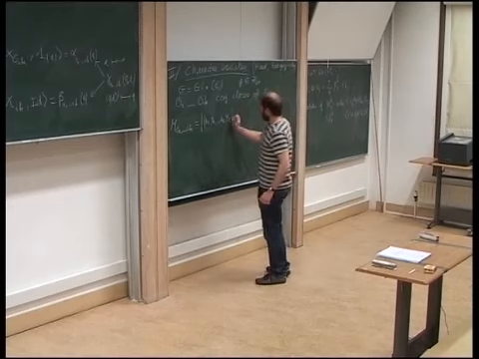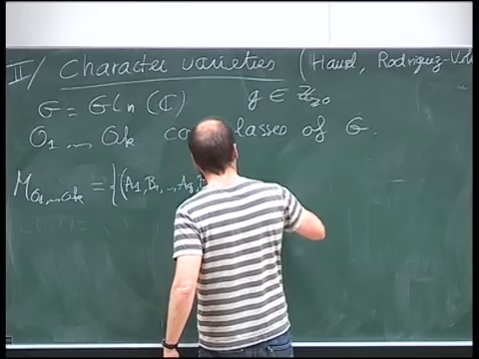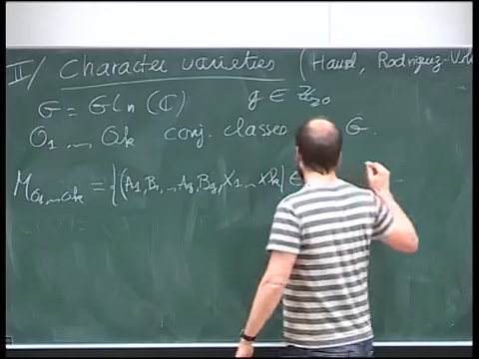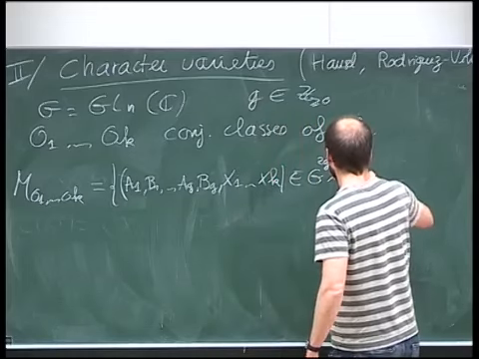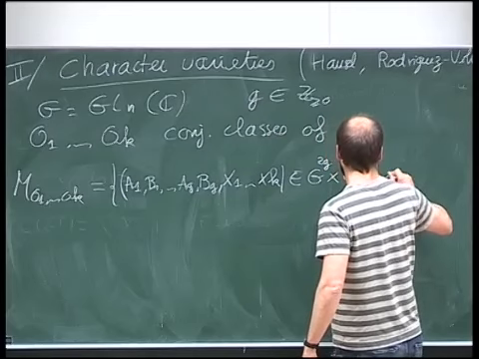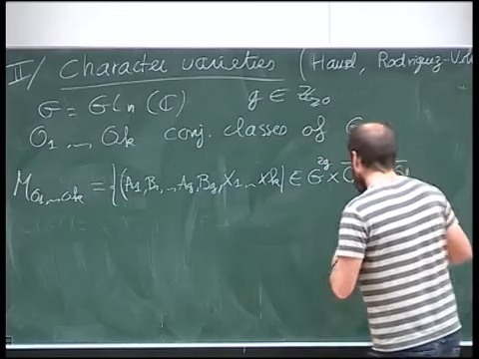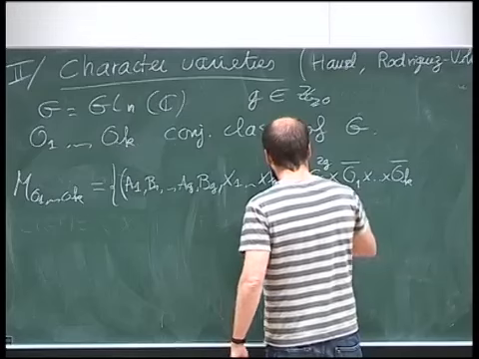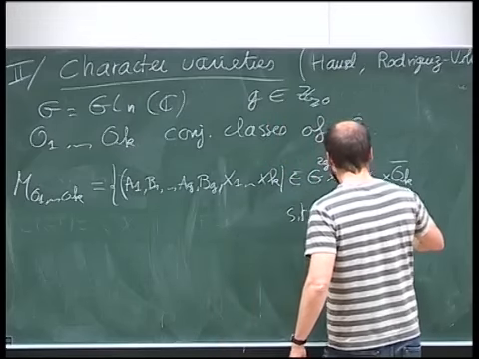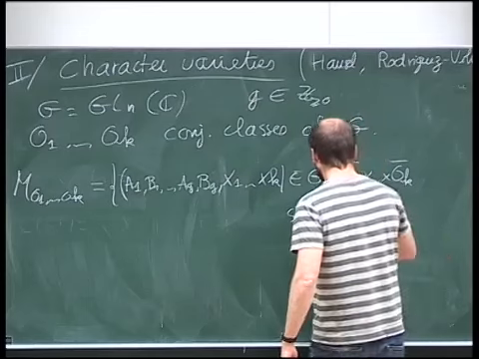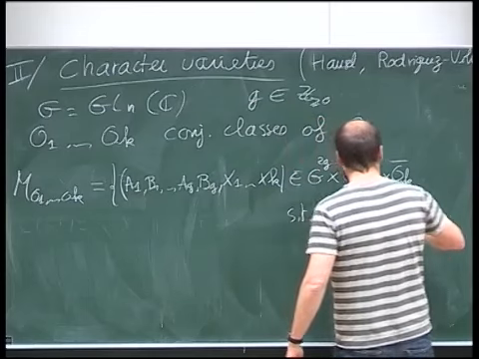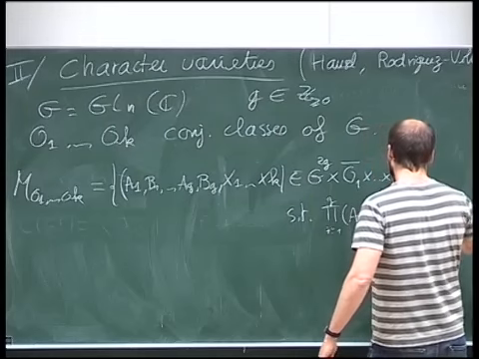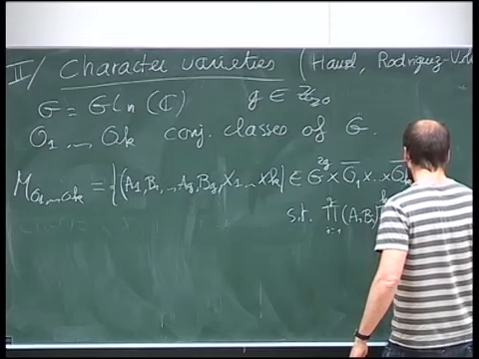Then we look at x1, ..., xk in G^{2g} times C1 × ... × Ck, where we take the Zariski closure, such that the product of the commutators, i from 1 to g, times the product of the elements in the conjugacy classes, is equal to the identity.